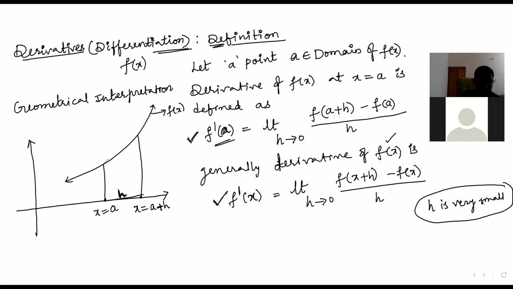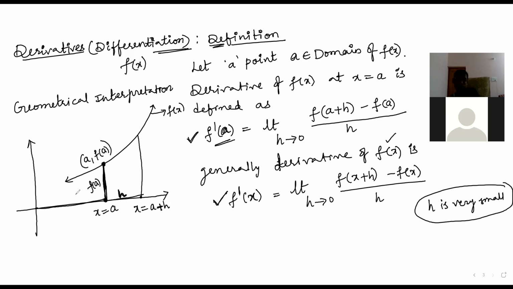This point becomes what? If this much is a, this becomes f of a. You put a here, then this is f of a. Therefore, this point is a comma f of a.